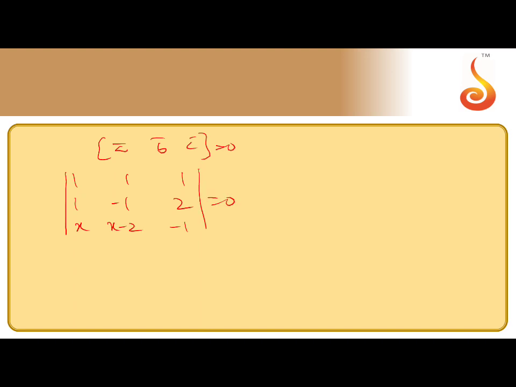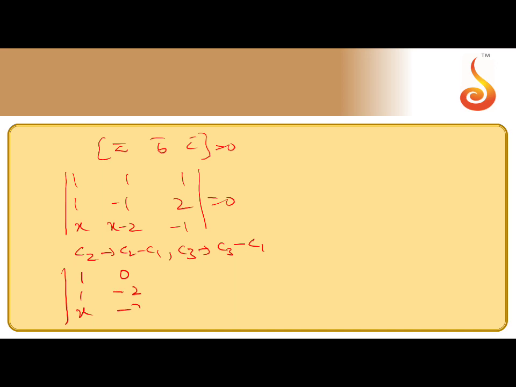You can solve the determinant directly and solve, or you can use the properties of determinants. So you can take C2 as C2 minus C1 and C3 as C3 minus C1. You can take anything, no problem. Here 1, 1, X. So 1 minus 1, 0. Here minus 2.